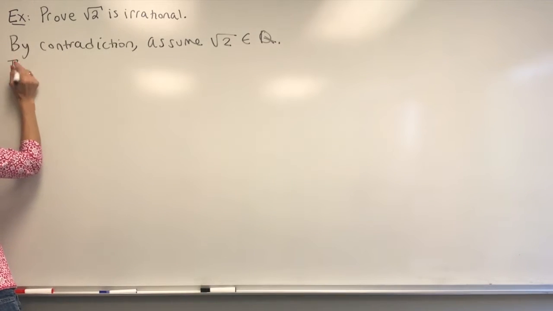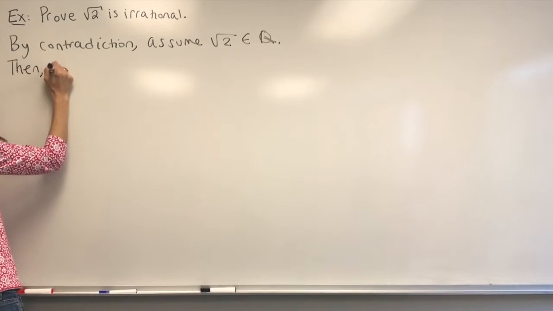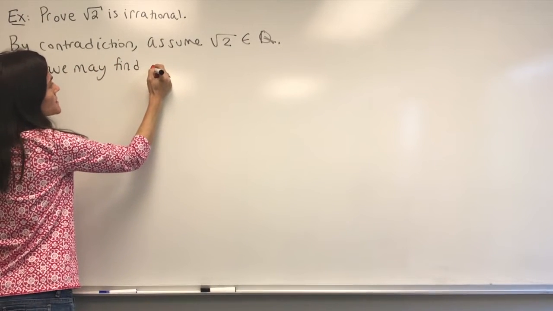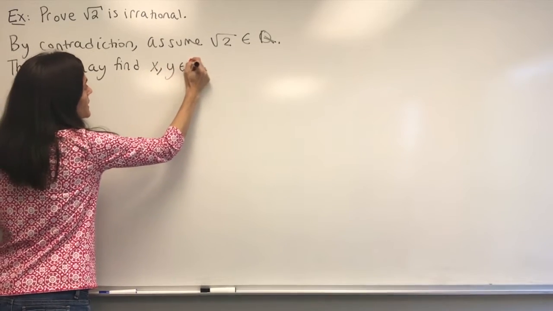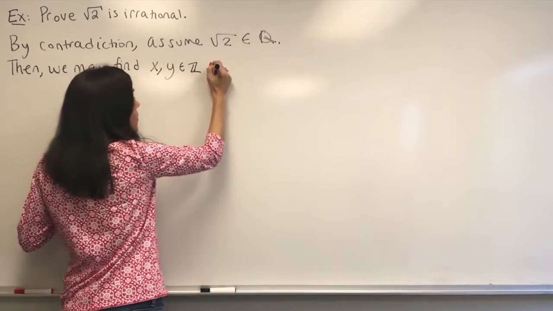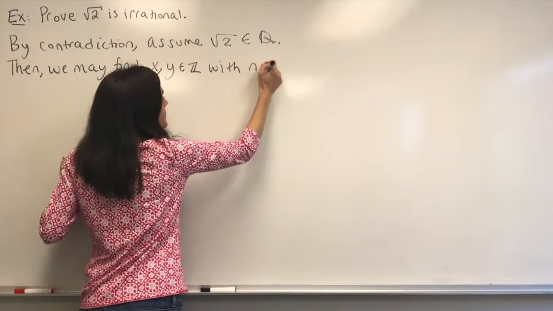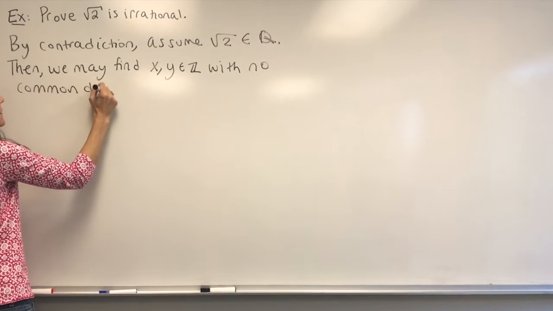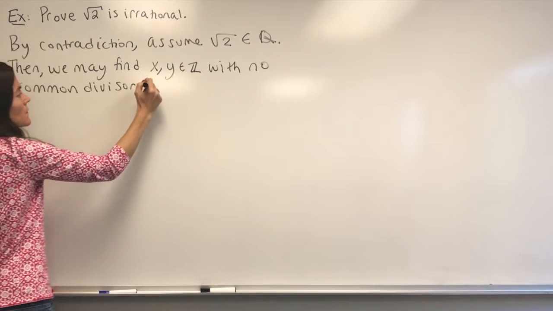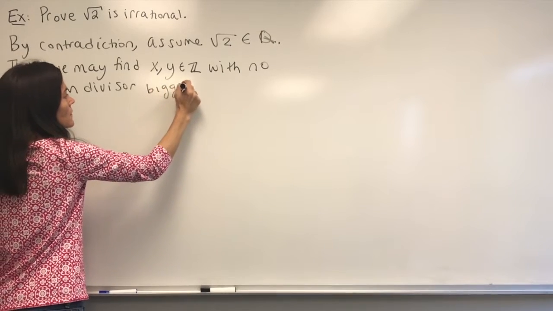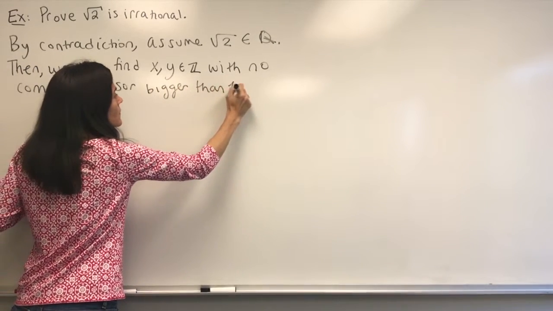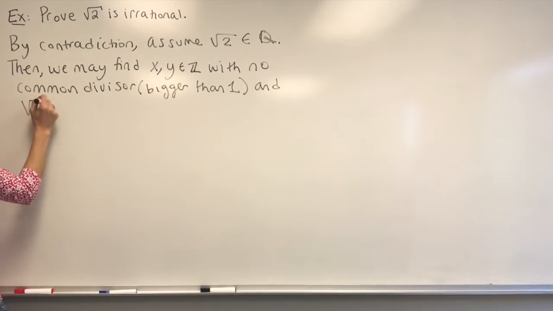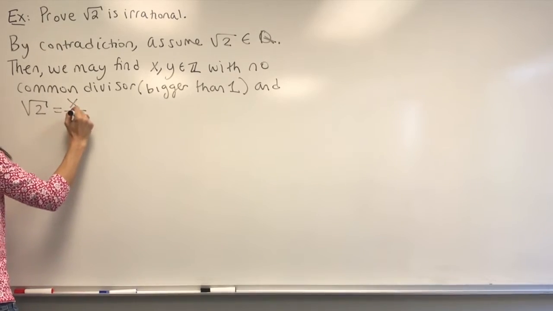Okay, so then we may find two integers, say x, y, integers with no common divisor bigger than 1, and the square root of 2 is equal to x over y.